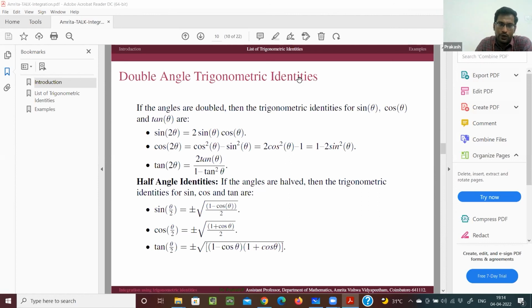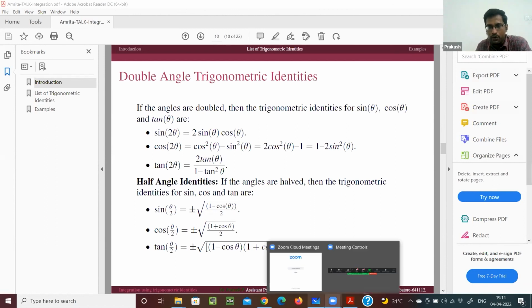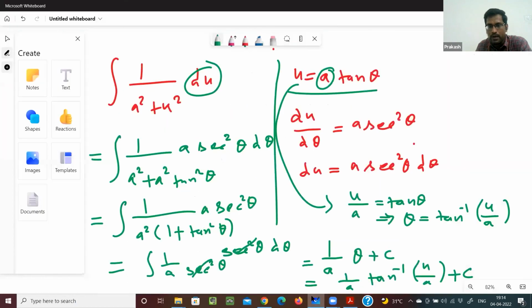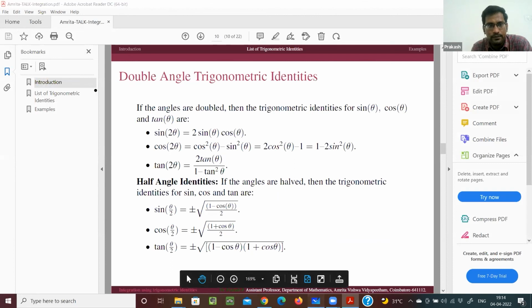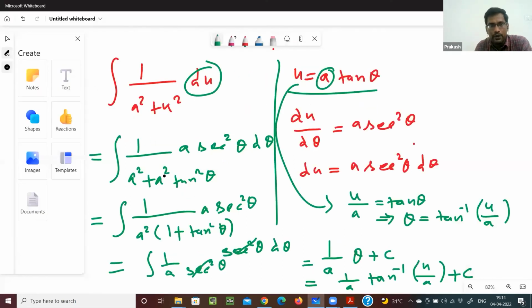You need to check some other identity. We have that type of identity. So this identity you need to check on the whiteboard, because here we solved some different things.